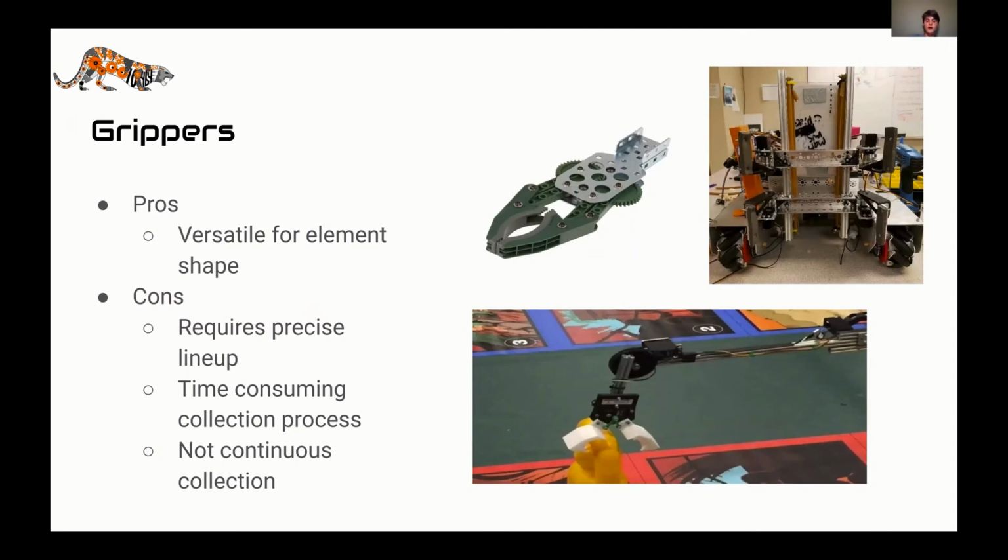It's also a very time-consuming collection process because you have to collect one or two at a time, and you can't just keep on feeding them into your robot. Your claw can only obtain one or two elements for every cycle that you open and close it, which is not the most efficient way of doing things, but it is fairly easy and simple to design.